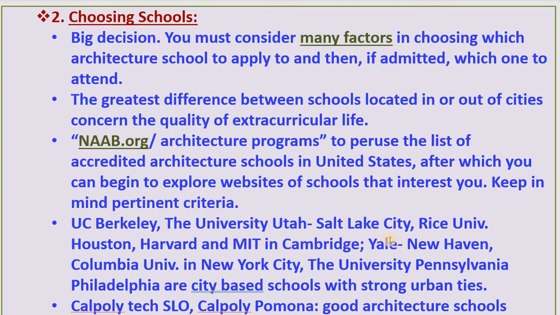In Cambridge, Yale, Columbia in New York City, University of Pennsylvania in Philadelphia, and in another city we have Cal Poly, San Luis Obispo, where I graduated with my bachelor's degree. Cal Poly Pomona is close here. That's one of the schools with a very good architecture program.